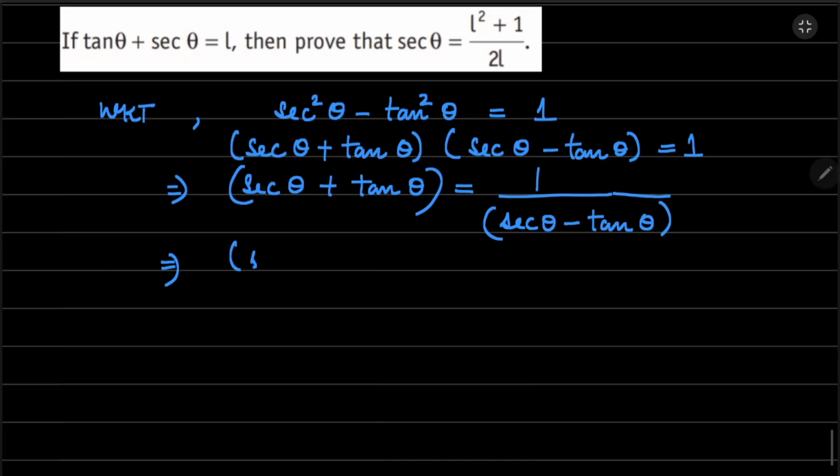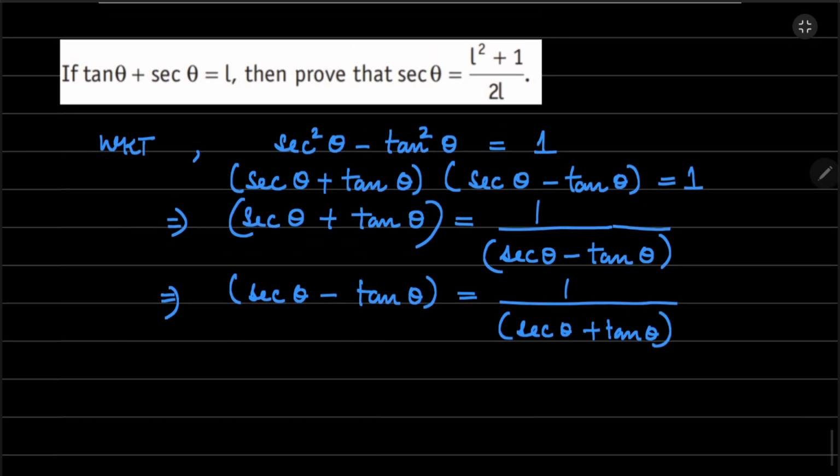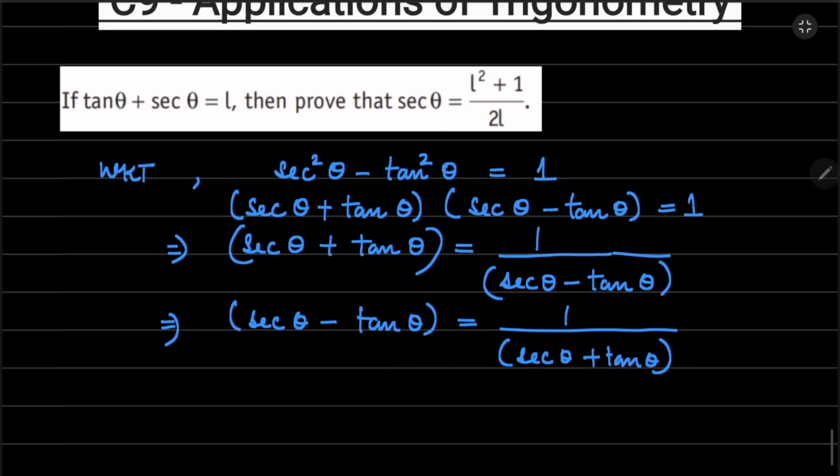So secant theta minus tan theta is equal to 1 divided by secant theta plus tan theta. So whenever you are given secant theta plus tan theta, you can easily identify secant theta minus tan theta. If you are given secant minus tan, you can identify secant plus tan.